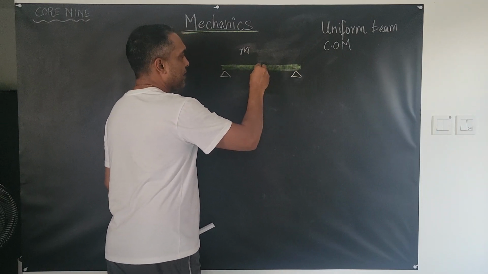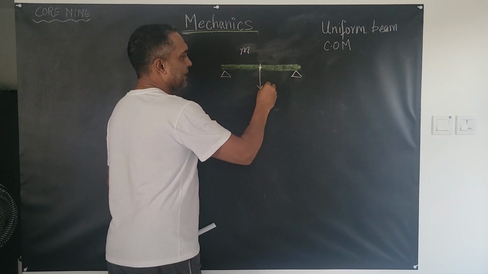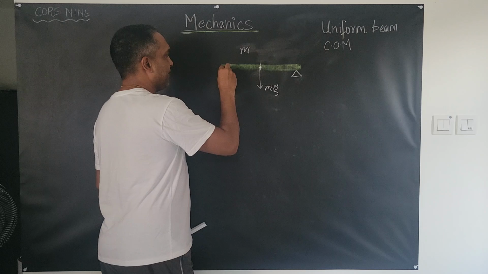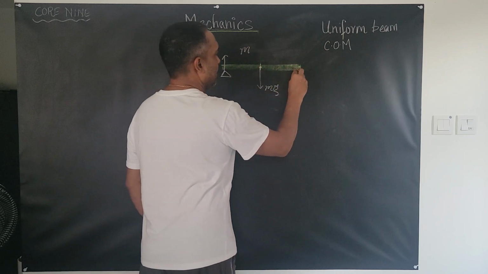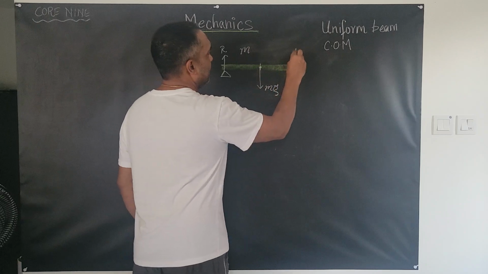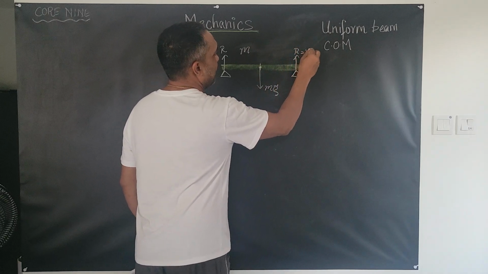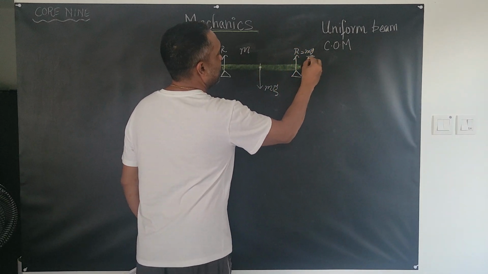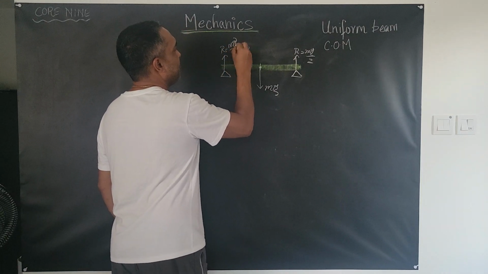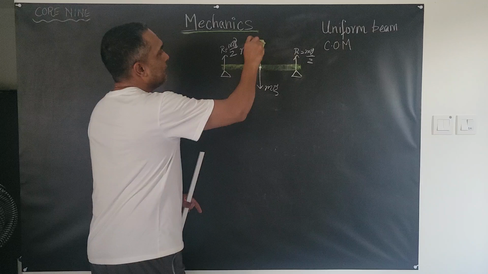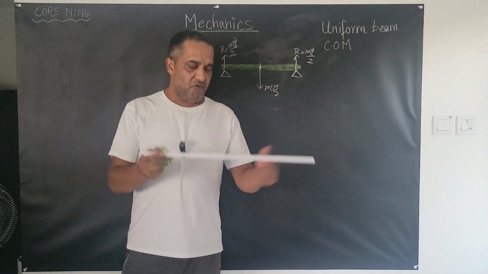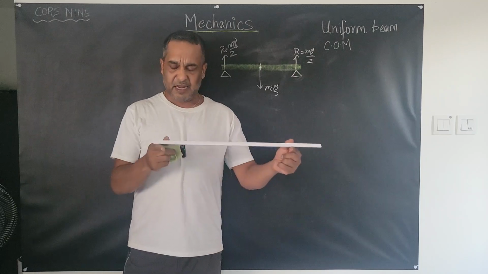This object continues to pull down with mg, and there are reactive forces here and here. Because they're equal, they're each mg by 2. So understand that the central mass helps with this.